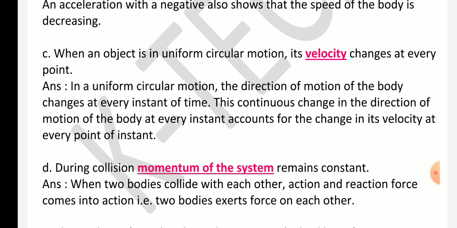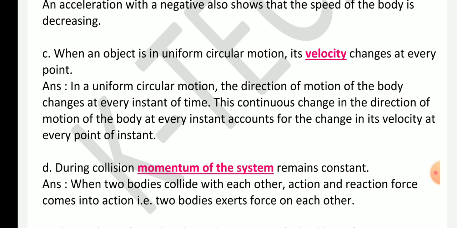Next, when an object is in uniform circular motion, its dash changes at every point. So, answer is velocity. And what is the explanation for it?